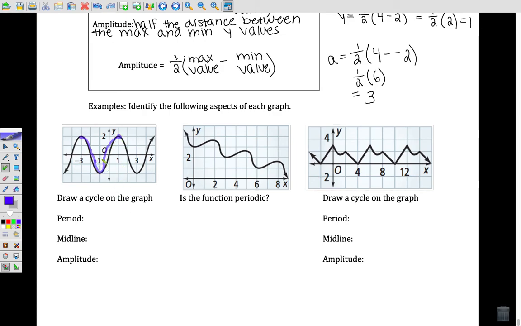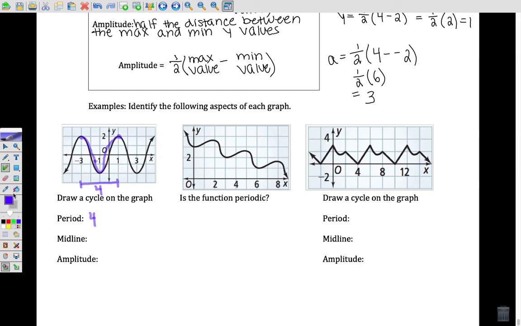So that would be one cycle. Trace all those y values until you're back to where you were. The period is then that horizontal distance that creates a cycle. So from -3 to 1, that's 4 units. That means our period is 4.